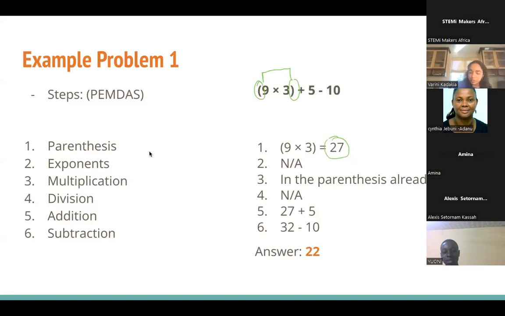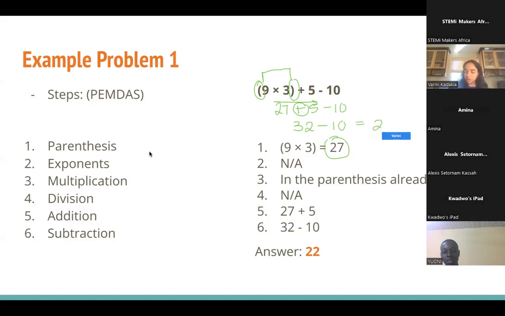Now our expression becomes 27 plus 5 minus 10. If we work left to right, we see the addition first. So we'll do 27 plus 5, which gives us 32 minus 10, and then we get 22.